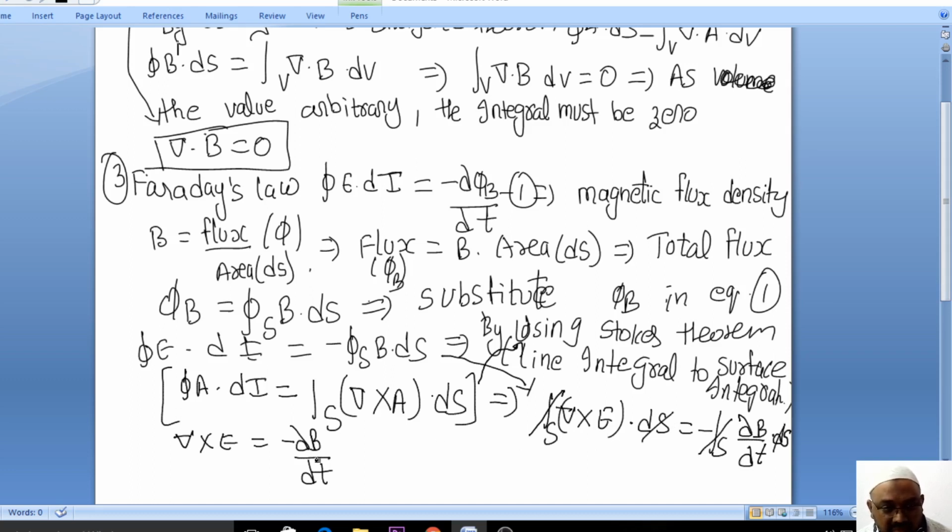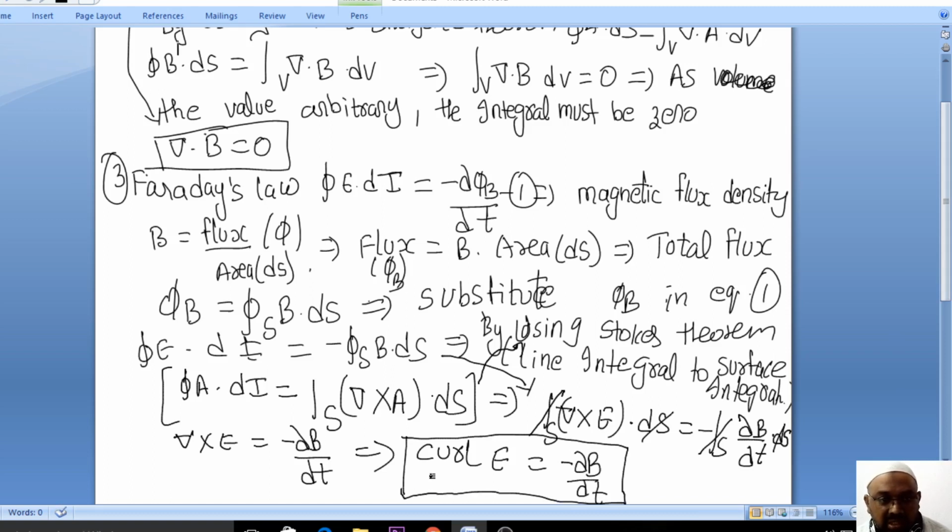We have written the same thing here. This can also be rewritten as curl E, in physics vector language: curl E is equal to minus dou B by dou t. This is what we have done.